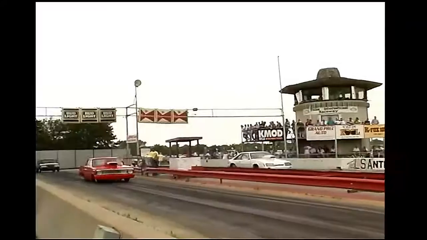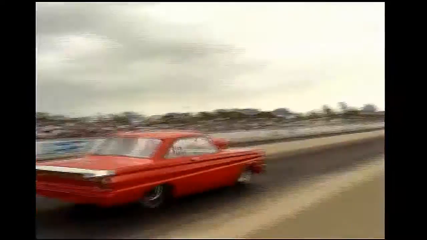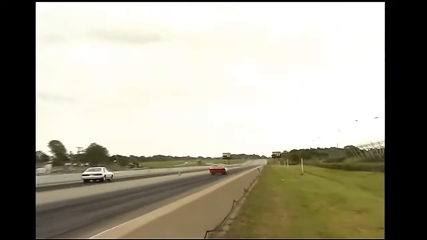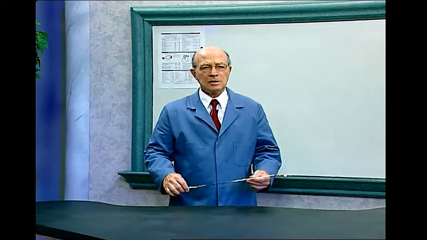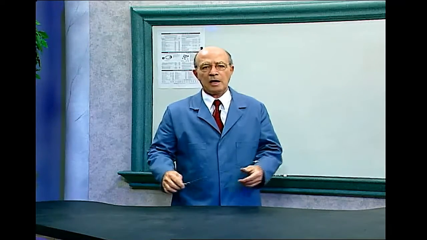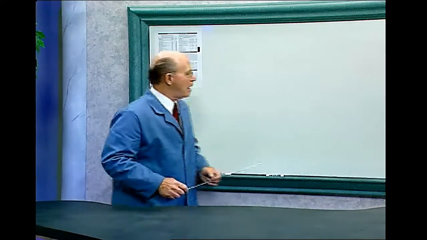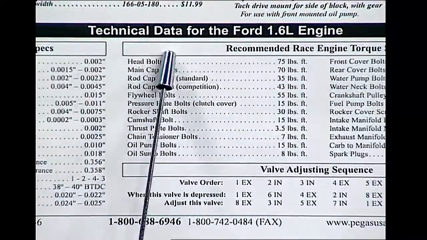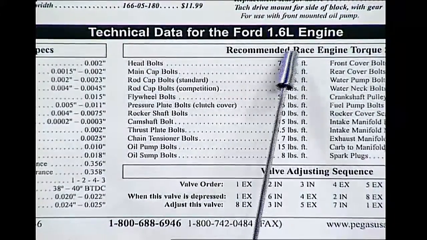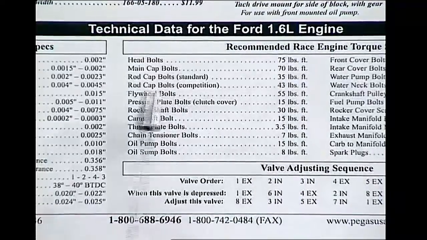If you are interested in working on your car or in racing them, it's important for you to know decimals and their values. This is some information I obtained on the internet, and it's this chart. Notice technical data for the Ford 1.6-liter engine.